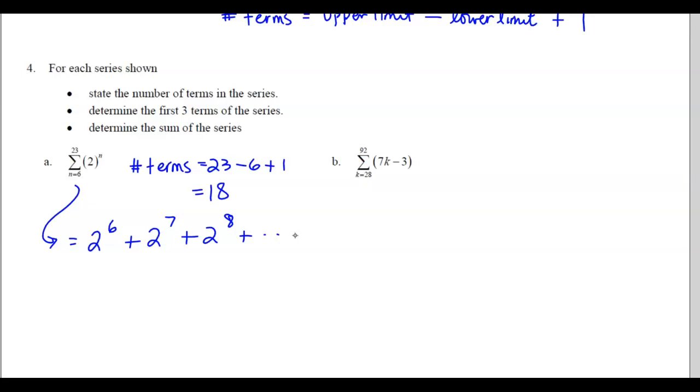Okay, so evaluate those. Figure out what 2 to the 6 is, 2 to the 7, 2 to the 8. 2 to the 6 is 64. 2 to the 7 would be double that, 128. 2 to the 8 would be double that, 256.